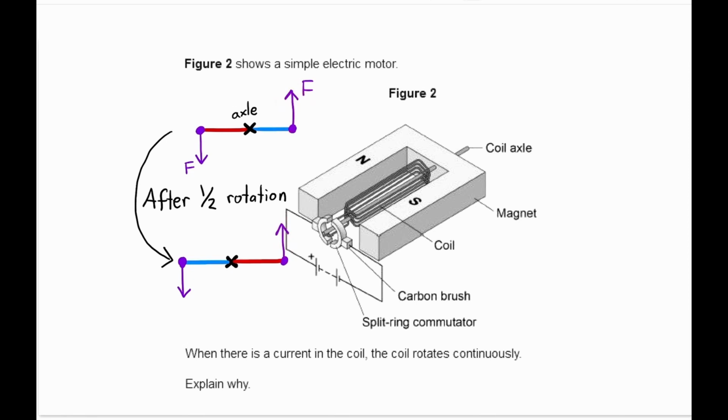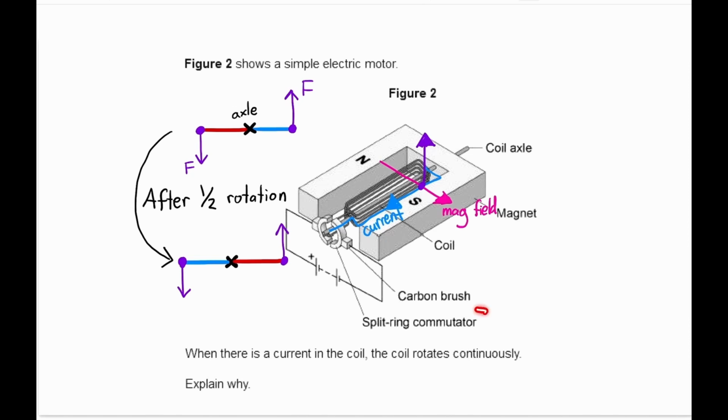For instance, if we assume that on the right-hand side of this coil, current is moving in this direction, and knowing that the permanent magnetic field acts in this direction from north to south, we can use the left-hand rule to show that on the right-hand side of the coil, force needs to act upward.